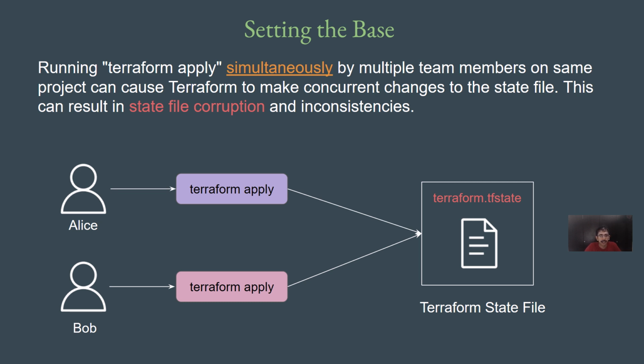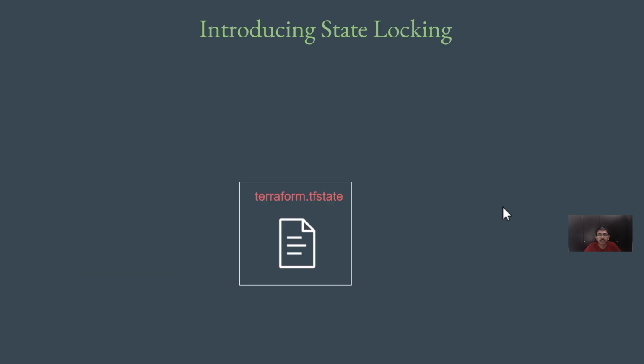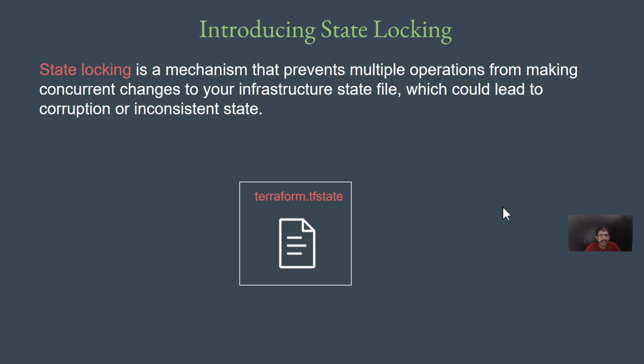Now the question that comes is, generally in an organization you can have 10 or 20 people in the team. How can you ensure that no two members are simultaneously trying to modify the tfstate file? The answer to this is using the state locking feature. At a high level, state locking is a mechanism in Terraform that prevents multiple operations from making concurrent changes to your infrastructure state file, which could lead to corruption or an inconsistent state.